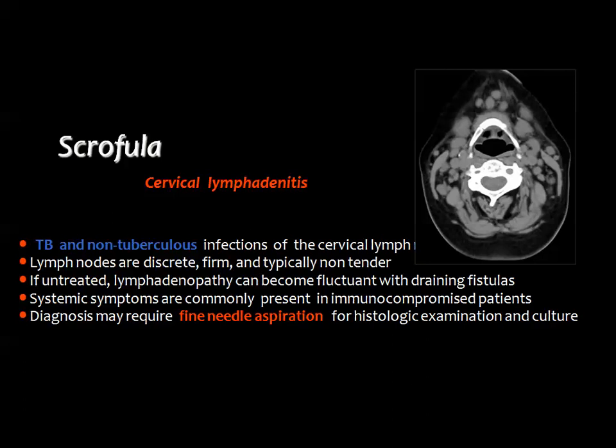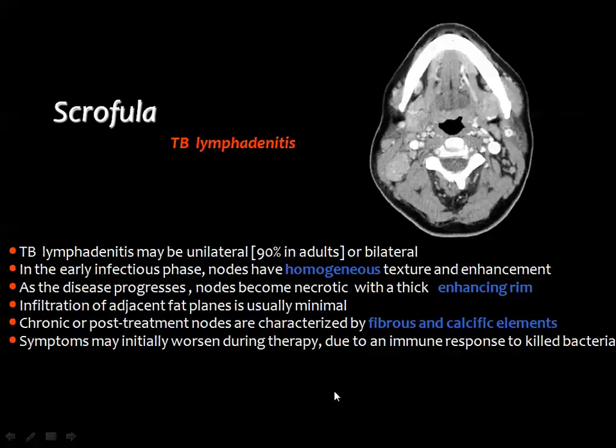Then the ultrasound-guided fine needle aspiration is the best way to confirm the diagnosis and also to have samples for culture to see which organism you are dealing with. Then you know that TB lymphadenitis is, at least in my country, one of the common causes of cervical lymphadenitis.